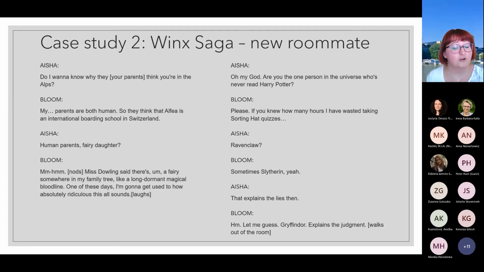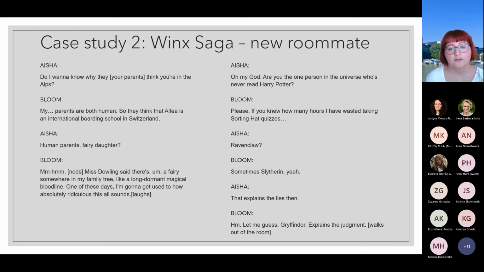And then there's a whole discussion about Harry Potter. So Bloom says, if you knew how many hours I have wasted taking sorting hat quizzes, and all the others. If you read Harry Potter, you know exactly what they're talking about. If you haven't, you don't really know, especially when she talks about the sorting hat. But most people reading those books will know.